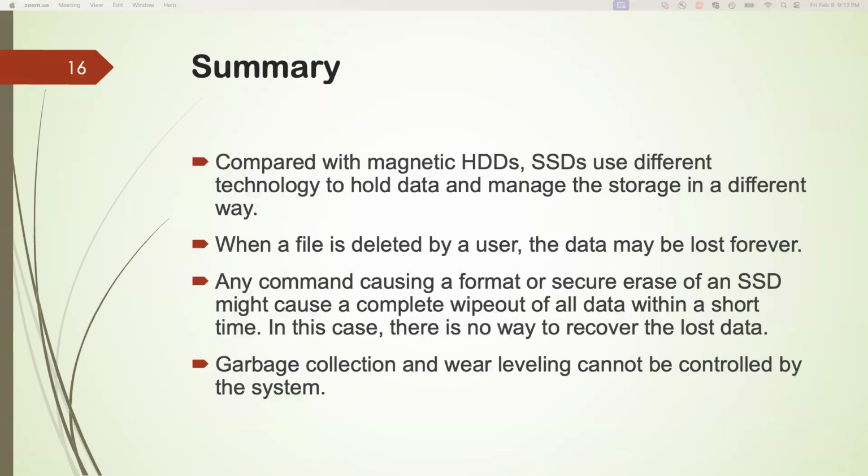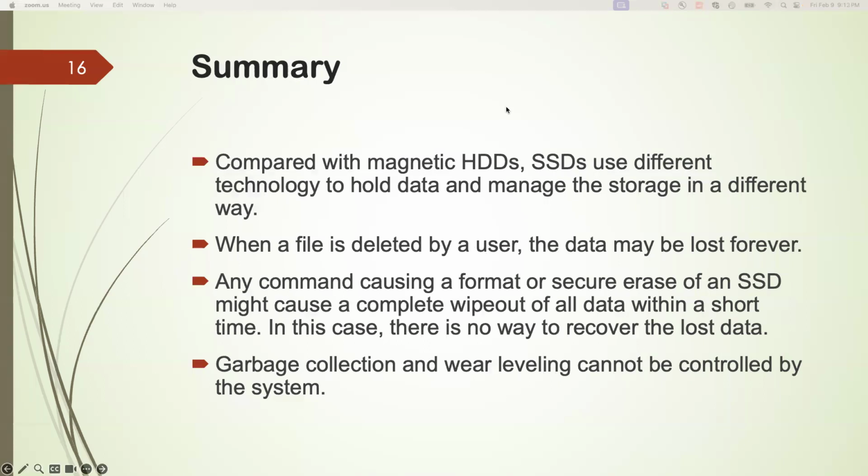To summarize, the hard drives are magnetic drives. They consist of different platters, metal disks coated with magnetic material that you can use to store data. In the SSDs, we have NAND memory chips that can be used to read or write data.